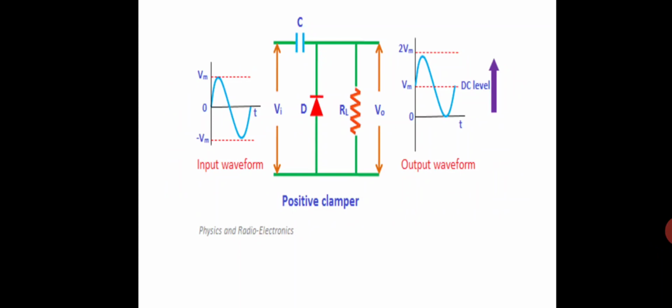In forward bias condition, the diode works as a short circuit, so current flows through the diode, and the capacitor charges up to the input value Vm in reverse polarity. The capacitor charges up to Vm and current flows through the diode when the input is negative.